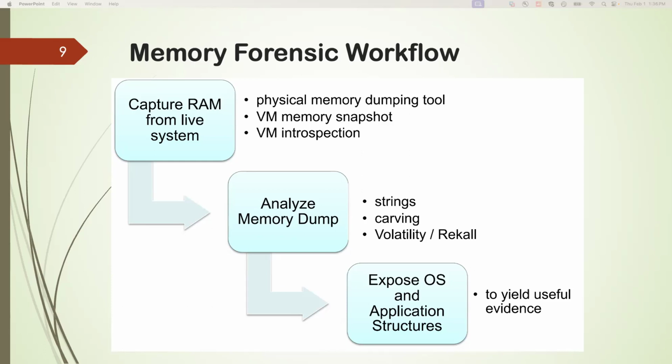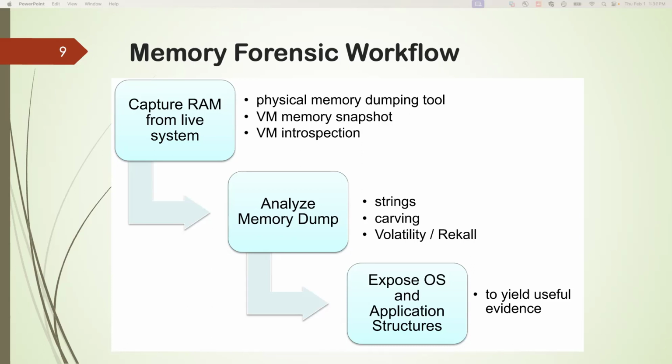On the other hand, if the system that you are examining is a virtual machine, then for those who have used virtual machines, all the hypervisors, whether VMware or VirtualBox or whatever you are using, provide you an option to take a snapshot.